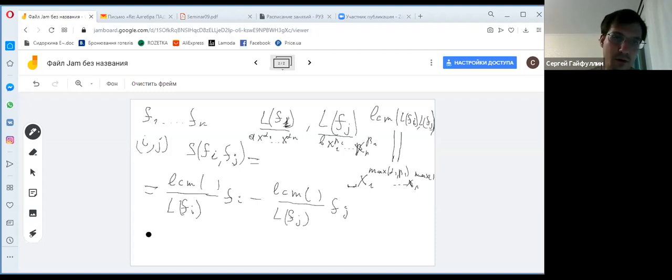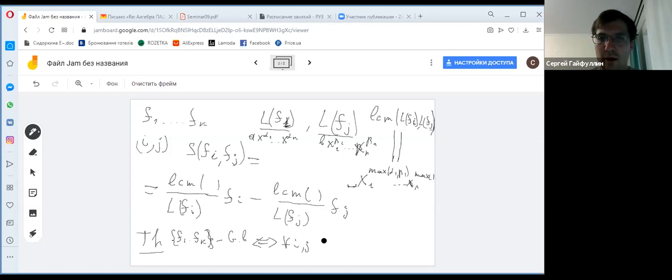And the theorem says that f1 and so on fk is a Gröbner basis if and only if for all pairs i and j, i is not equal to j, we have that the S polynomial of fi and fj can be reduced to 0 by some set of elementary reductions.